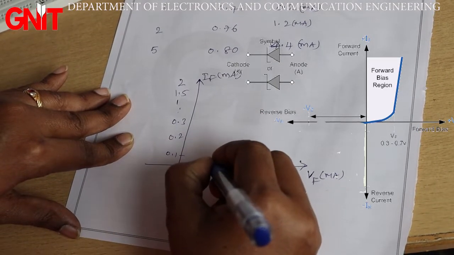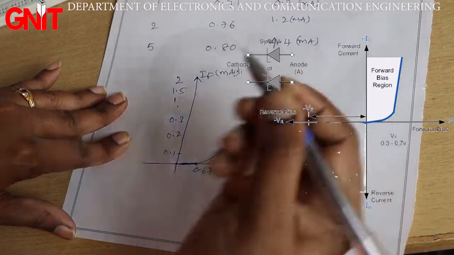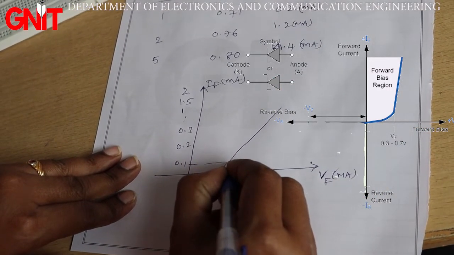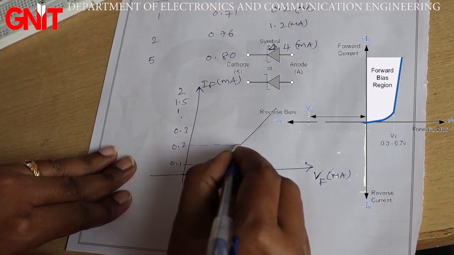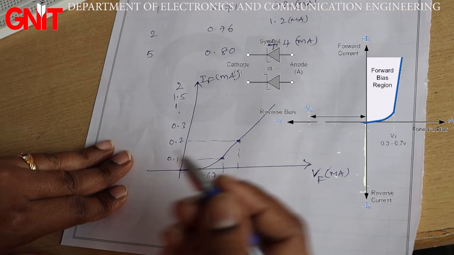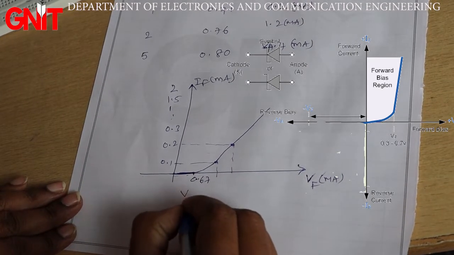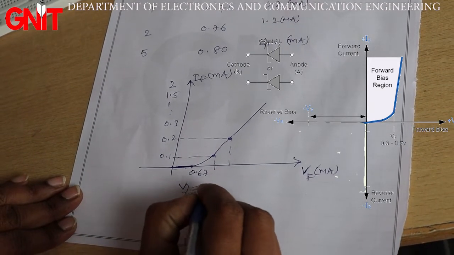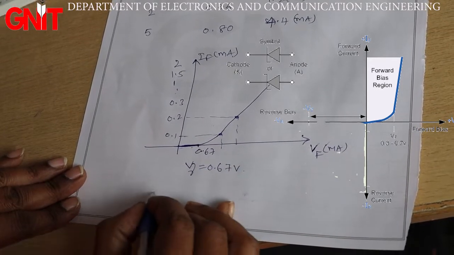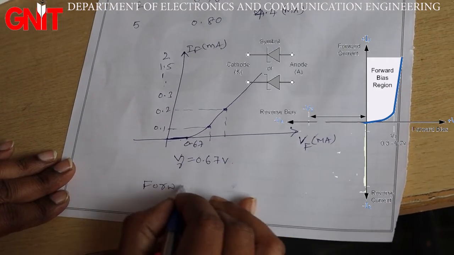So we are going to get the graph like this. This voltage is called cut-in voltage.